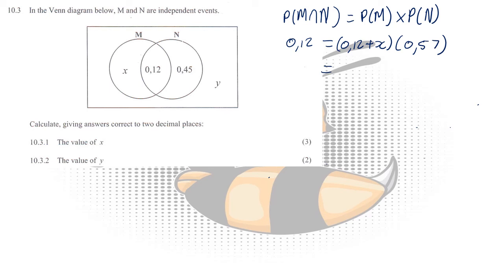And now I can simply just solve for X. So I can start by multiplying in the 0.57 into the bracket. So the 0.12 times 0.57 gives me 0.0684 plus 0.57x. I can solve for x, so I start by throwing over.